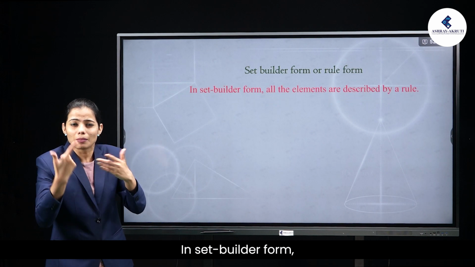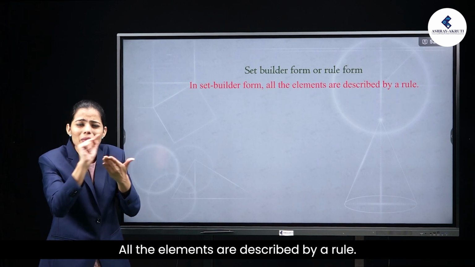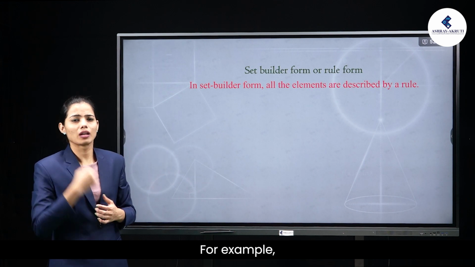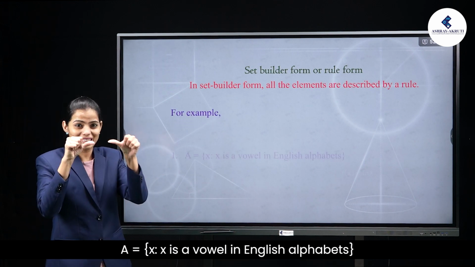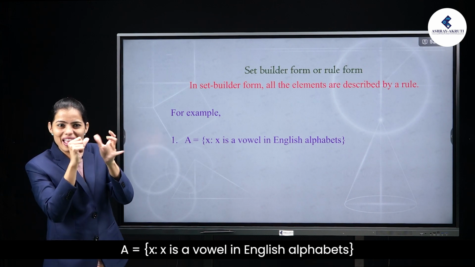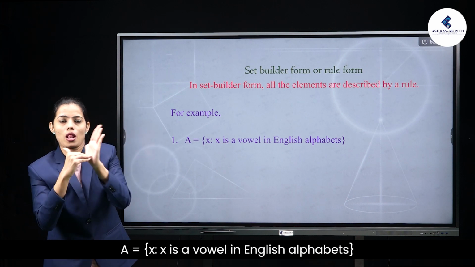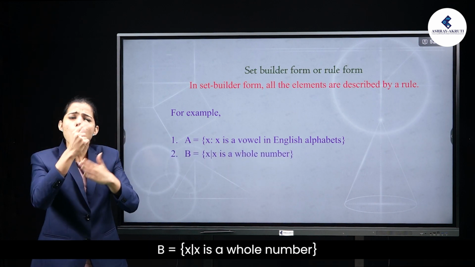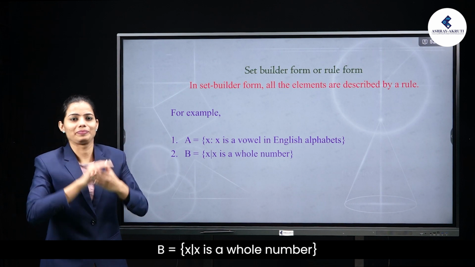In set builder form, all the elements are described by a rule. For example, A = {x : x is a vowel in English alphabets}, B = {x : x is a whole number}.